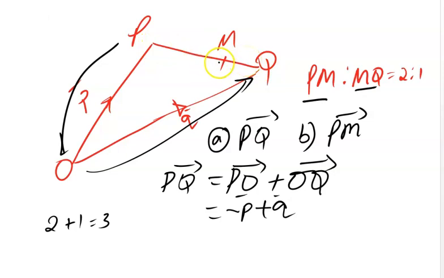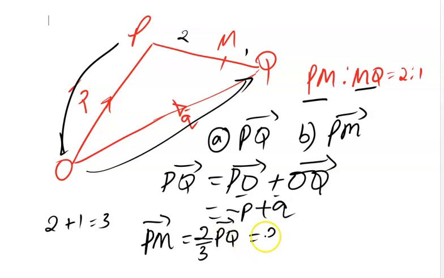And MQ is 1/3. Because they say PM has 2 is to 1. You see that all of this line is 3. So what then will be our answer to PM? Our answer to PM is simply 2/3 of PQ. And what is our PQ? Negative P plus Q. And we are done.